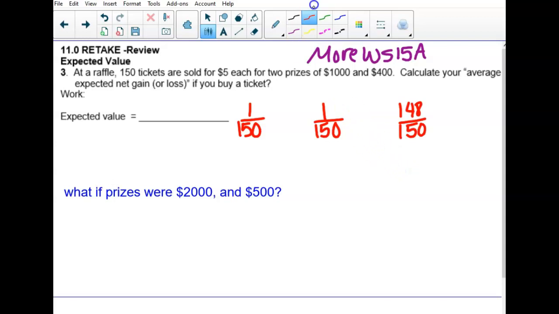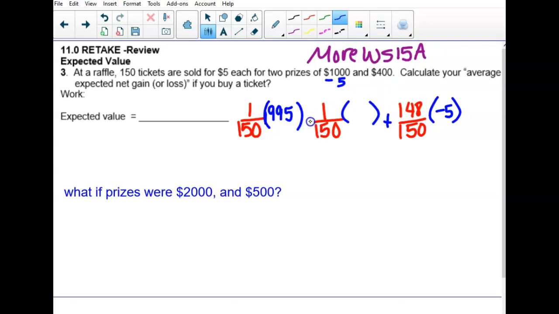Now, we got to put in the amounts though. If you buy a ticket and you don't win, you lose $5. Does that seem okay? If you buy a ticket and you win, what are the two options? Got to be careful here. You don't actually win $1,000, right? You don't get a profit of $1,000. So when you subtract the $5 you paid for the ticket, it's $995.